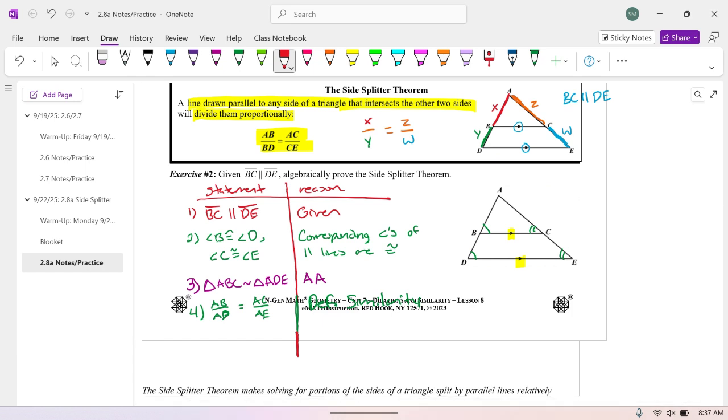All right. Now, because of that, we also know that AD minus AB is equal to BD, and AE minus AC is equal to CE. That's just by segment subtraction.